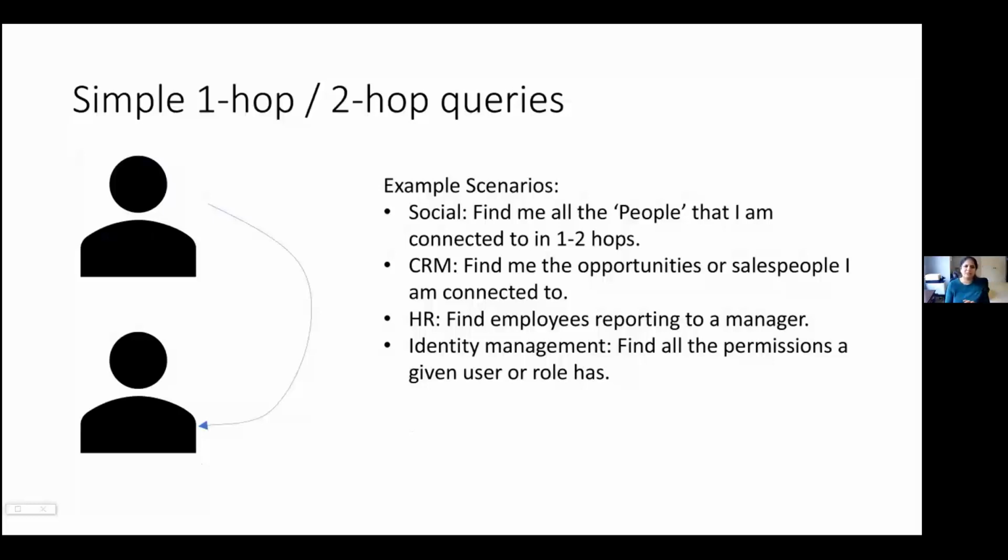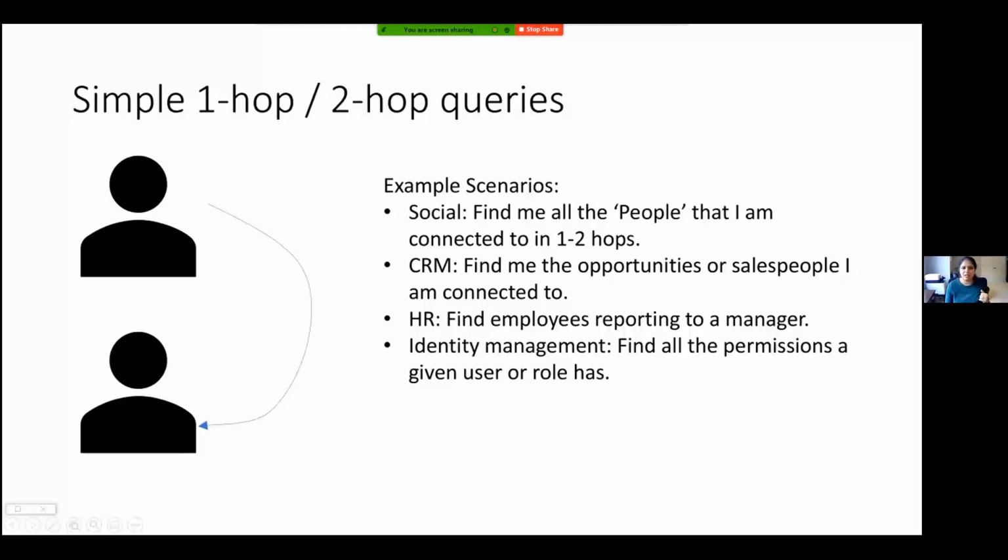Or in an identity management type of database, you would ask who all have permissions for this given folder or a role, or things like that. There are some example scenarios where you would write a simple 1-hop, 2-hop query based on a filter.